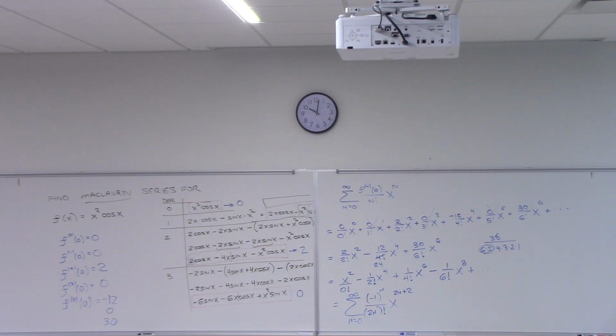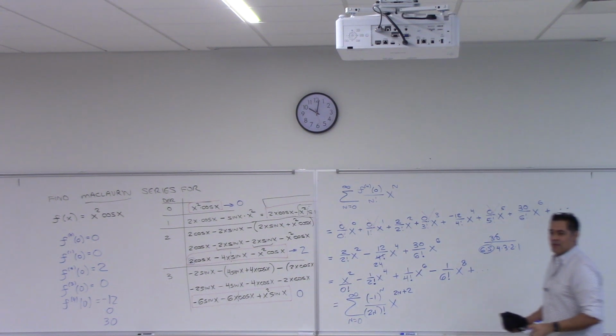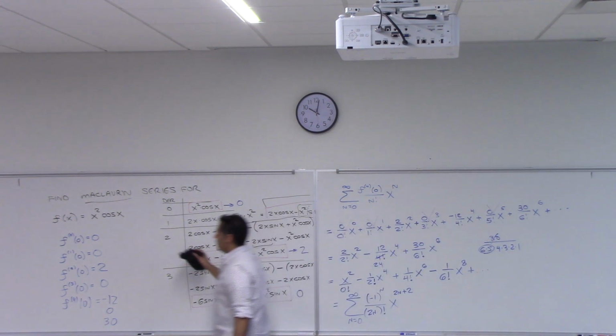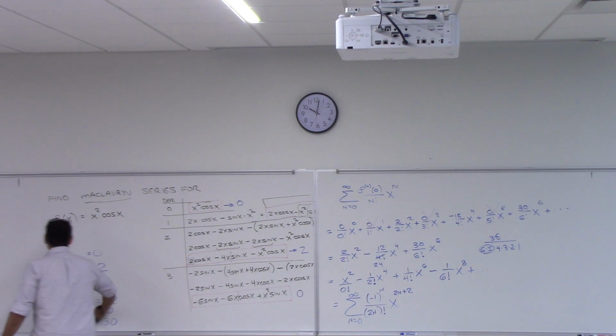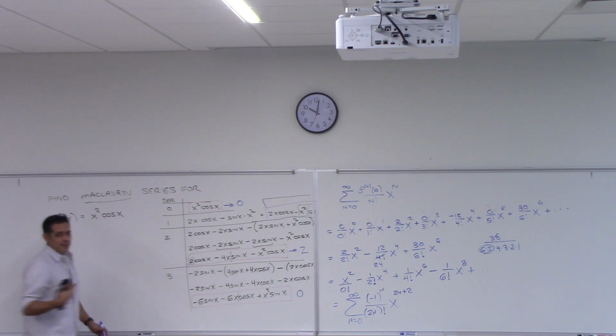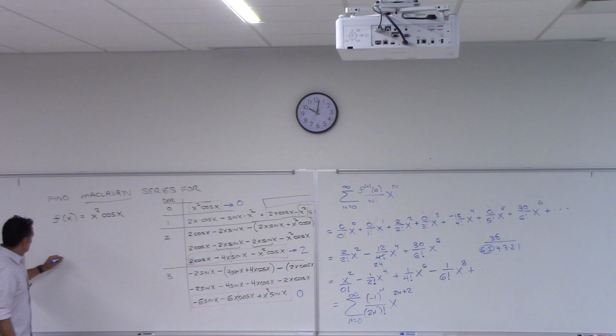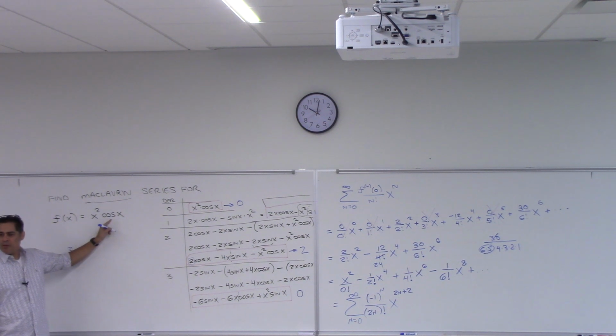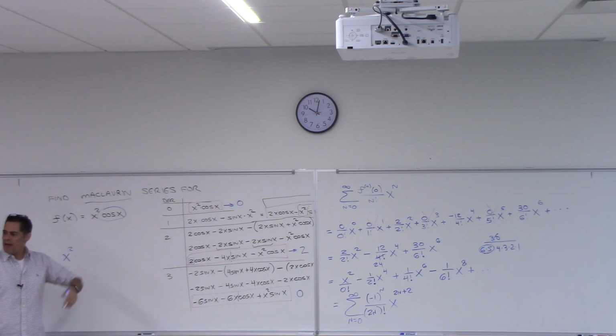That's bad, right? Watch this, though. And don't get mad at me. X squared times cosine x is what we were doing to begin with, right? What's the Maclaurin for cosine? We did that previously.